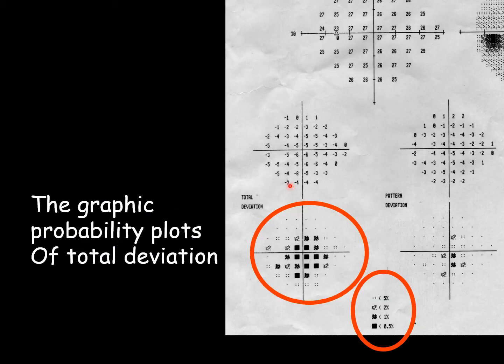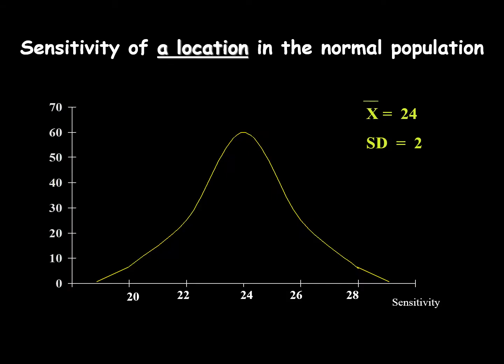Then under the numerical part, we have this graphic probability plot. The sensitivity of each location in the normal population was tested to draw this frequency distribution curve of sensitivity of that location. For example, in a normal population, a value of 20 decibels was found in 10 patients, 22 decibels was found in 20 patients, 24 was found in 60, 26 was found in 20, and so on.